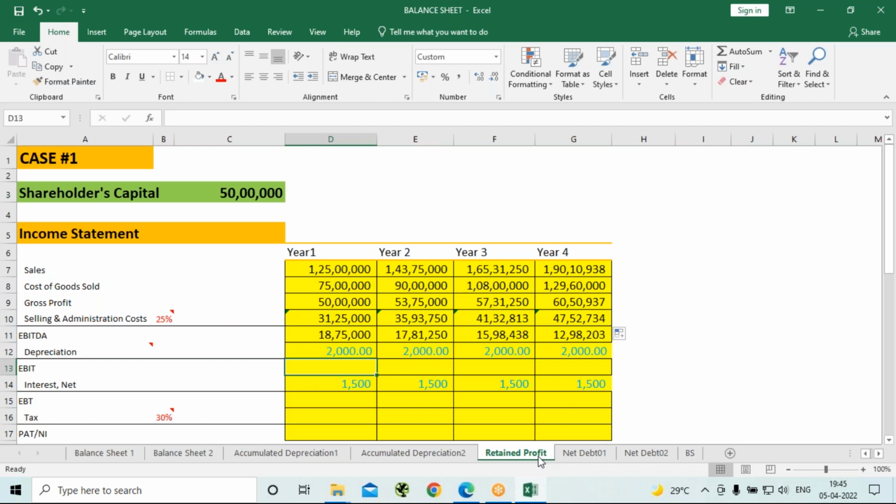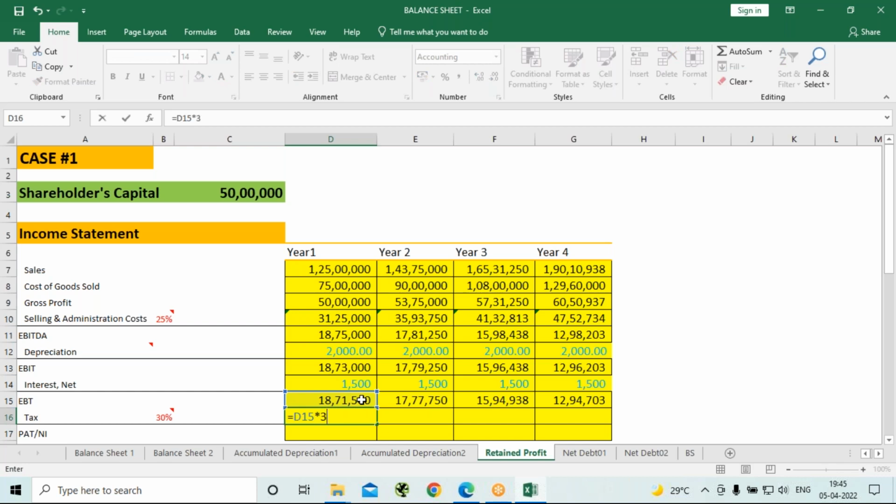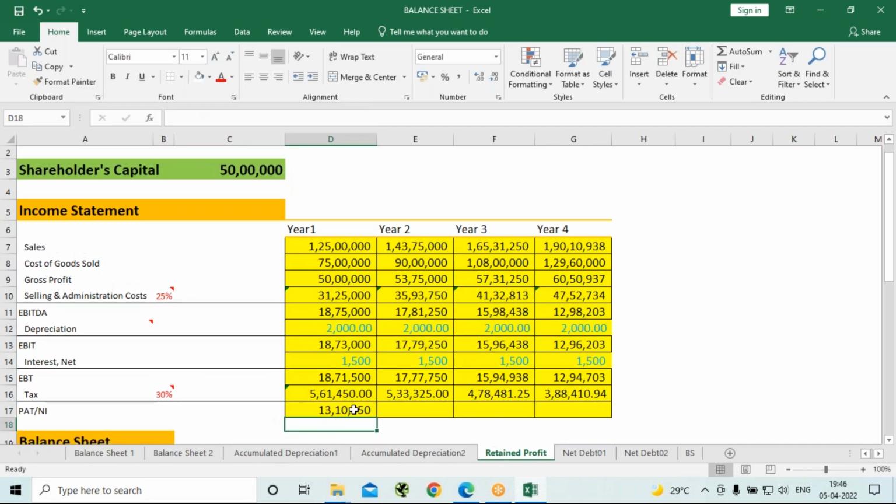Then again it is going to be equals to EBITDA minus depreciation equals to EBIT minus interest, so equals into 30%, and the net income minus tax.